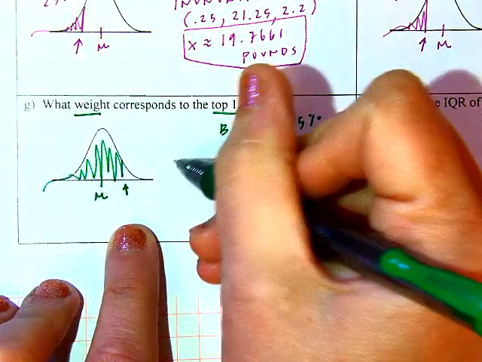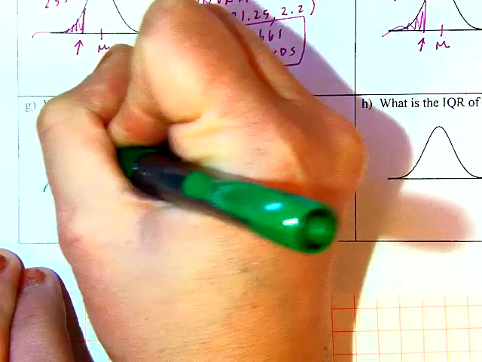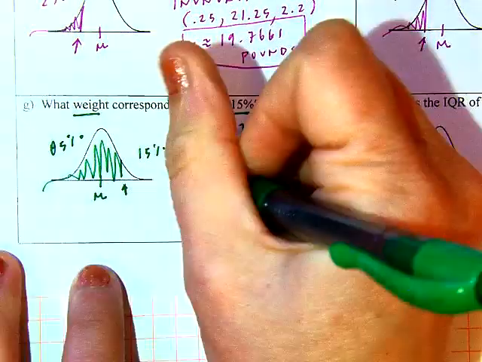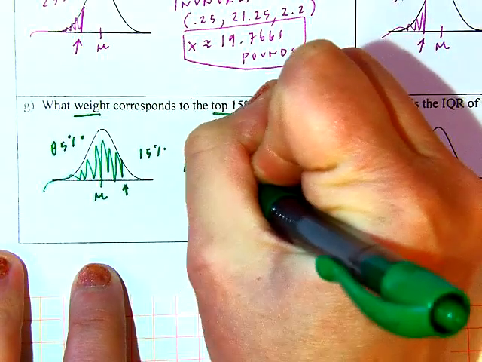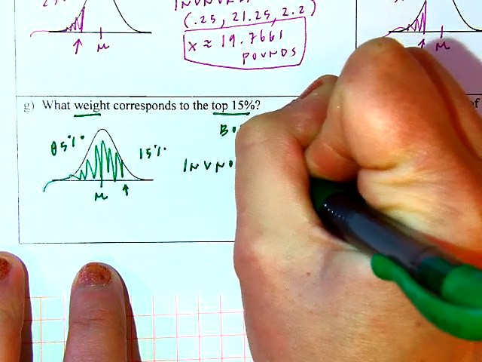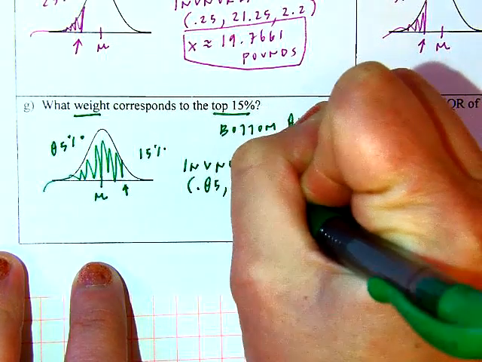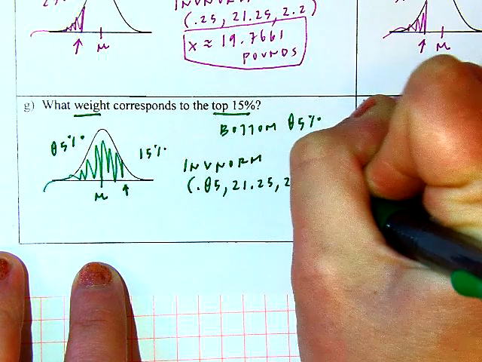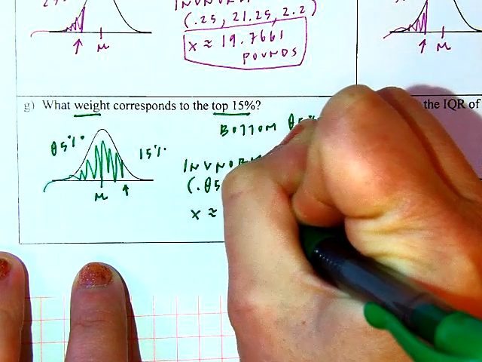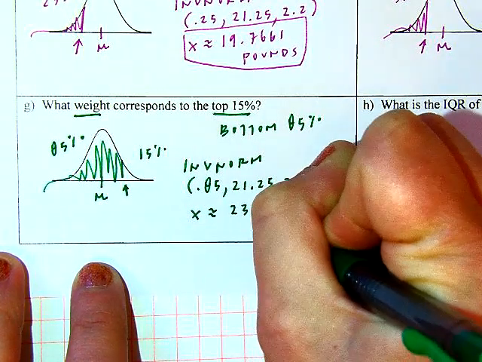This would also be the top 15, right? So here's 15% that's in the above, and here's the 85 that's in that below. So using our older calculators, or the newer, we just have to specify the left-hand tail. So inverse norm, 0.85, 21.25, and then 2.2. It's going to pump out 23.5302 pounds.